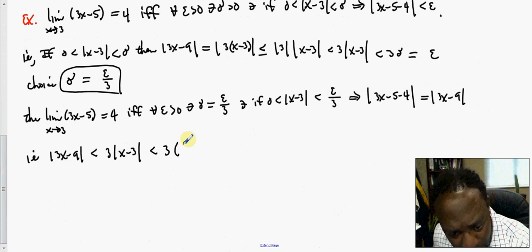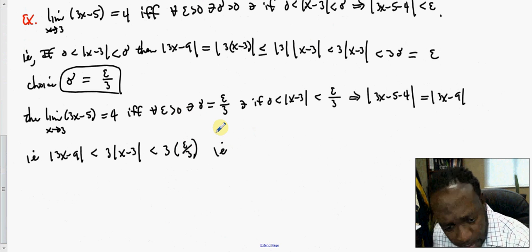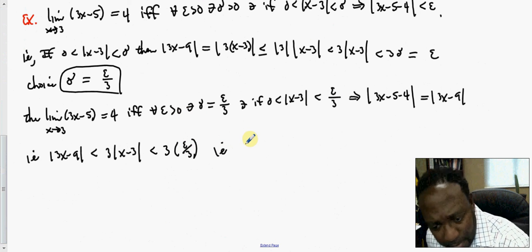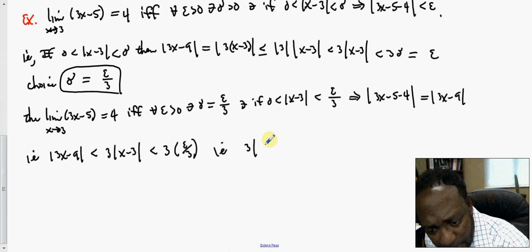So this is 3 times epsilon over 3. So that is that 3 times the absolute value of x minus 3 is less than epsilon.